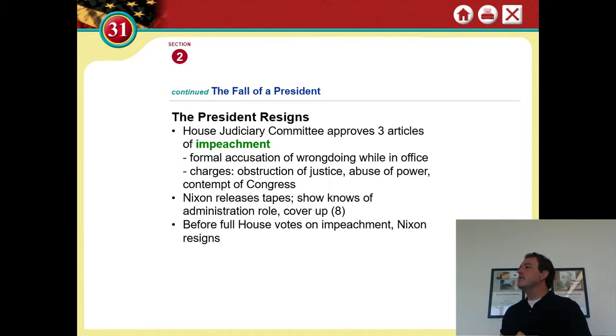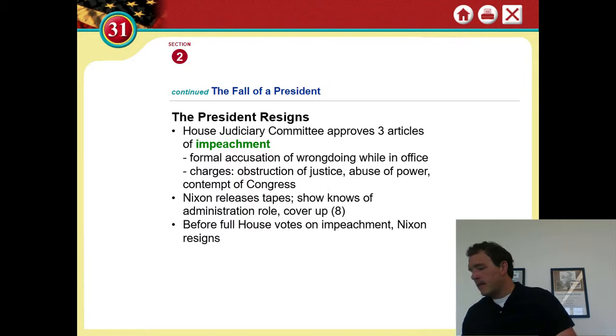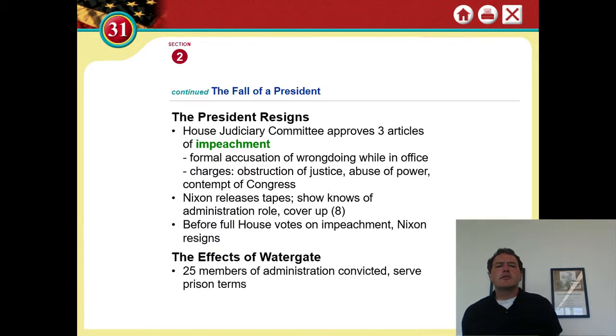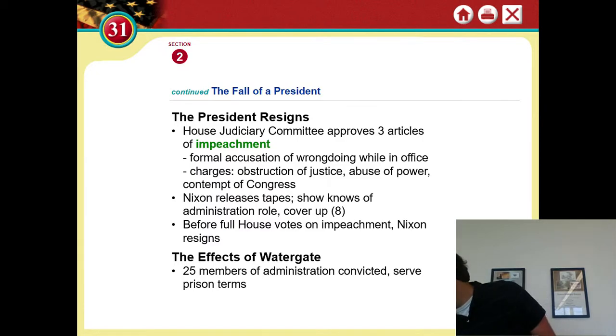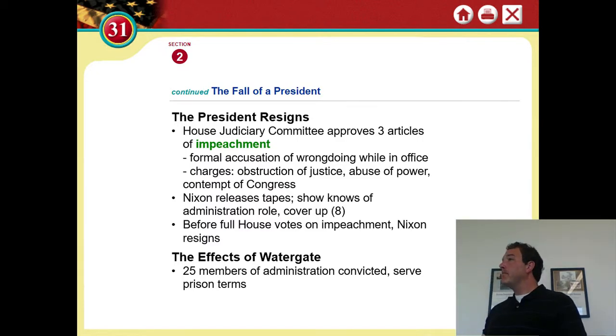And so the House was about to vote on impeachment, and that's when Nixon resigned. So the effects of this: 25 members of his administration were convicted of felony charges and served time in prison. 25 members of the White House served time in prison, except for the President of the United States.